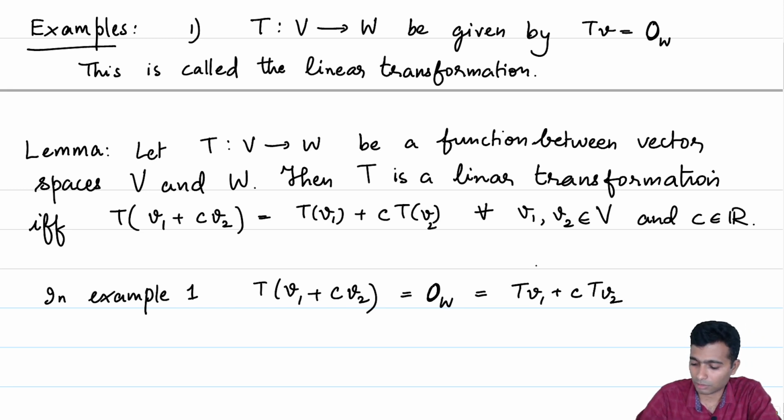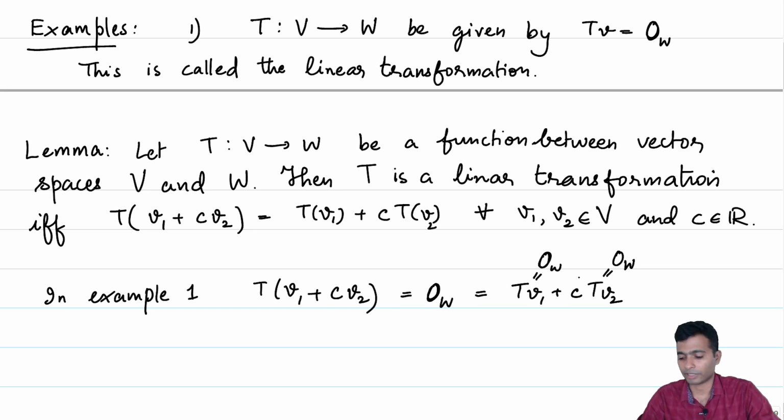Why is that the case? This is also the 0 vector in W, this is also the 0 vector in W. A scalar times the 0 vector is 0 and the sum of 0 vectors is again the 0 vector. So, yes, this is certainly a linear transformation.